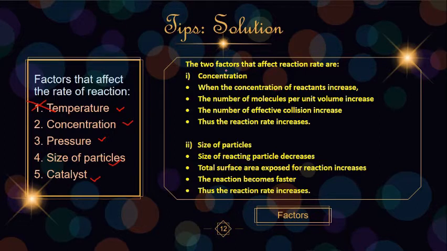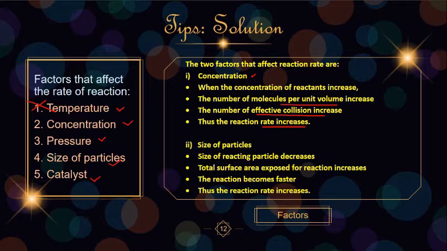So here we'll discuss concentration. When the concentration of reactant increases, the number of molecules per unit volume increases. So what happens next? The number of effective collisions increases, and lastly, the rate of reaction increases.